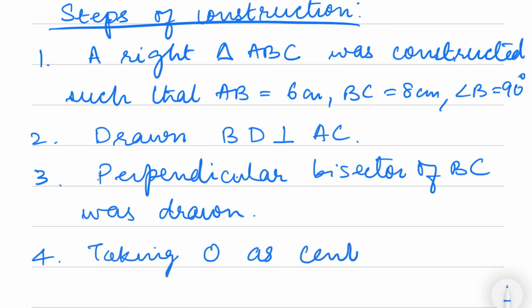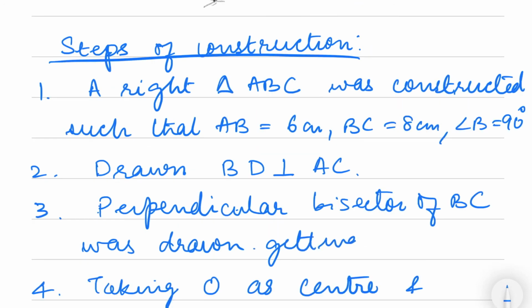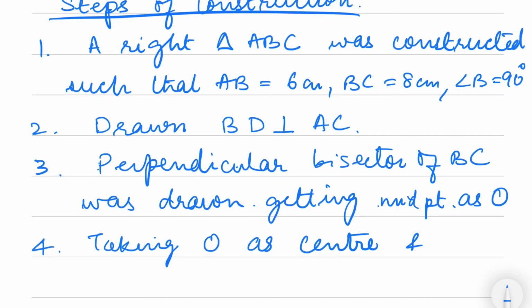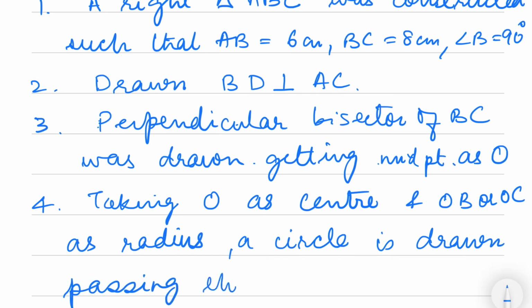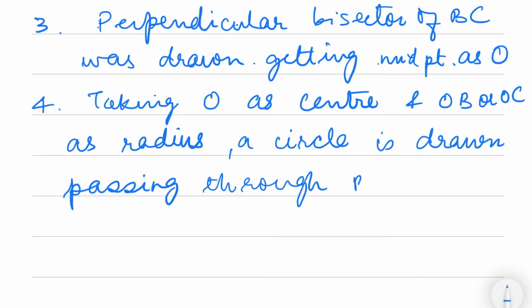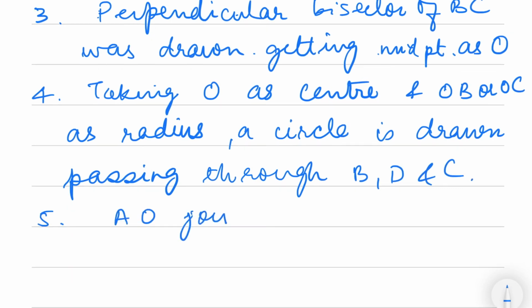Taking O as center, getting midpoint as O. Taking O as the center and OB or OC as radius, a circle is drawn passing through B, D and C. And AO joined.